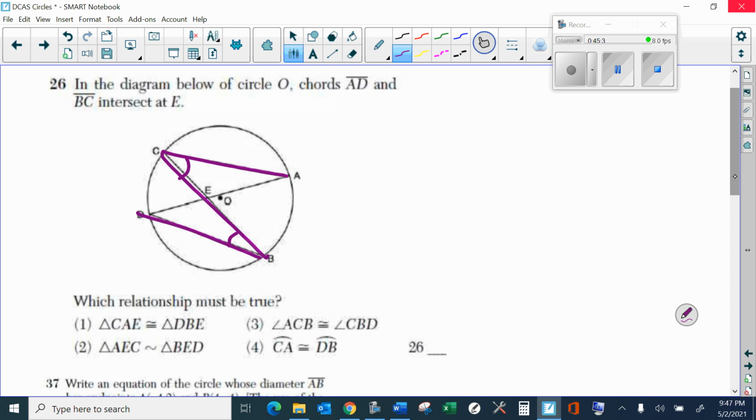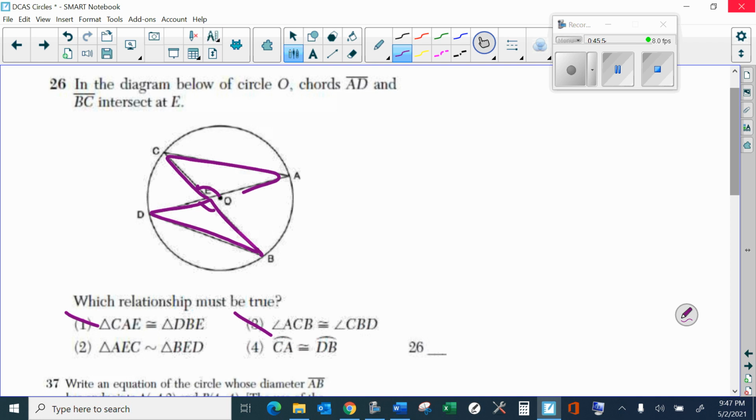We only know that's true if these chords were congruent. So we don't know that. We don't know they're congruent. So no. I'm saying angle AEC, that angle is congruent. Oh, the whole triangle is similar to BED.